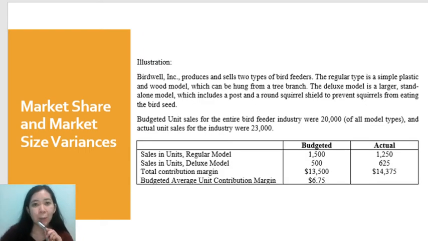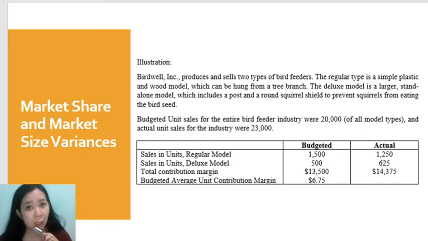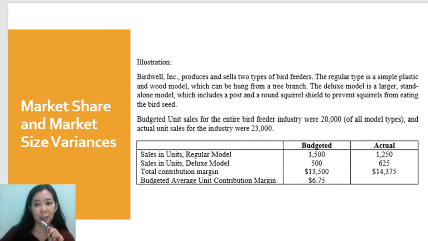To apply this variance analysis, we will use Birdwell Incorporated again as an illustration. Here, budgeted unit sales for the entire bird industry are given. That's 20,000 for all model types. And actual unit sales for the industry is 23,000 units.